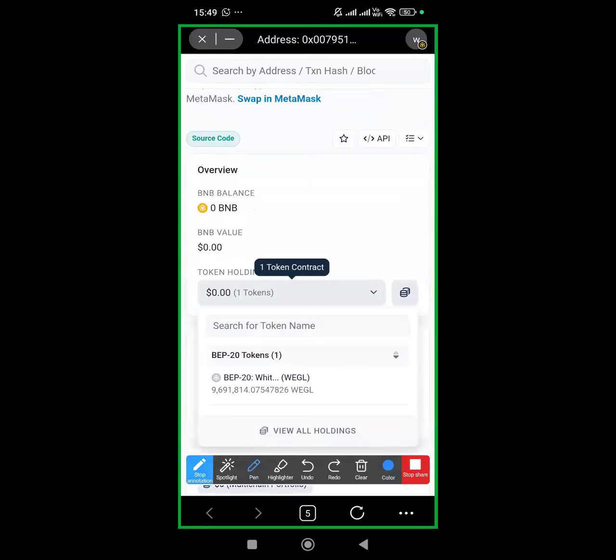See here, as I told you, this was the first pool, where there was 9 million. Now the other tokens are transferring from the pool to here. So now it reached 96.91814 tokens. This is now the main contract which is holding.